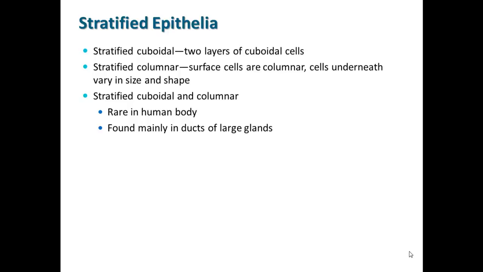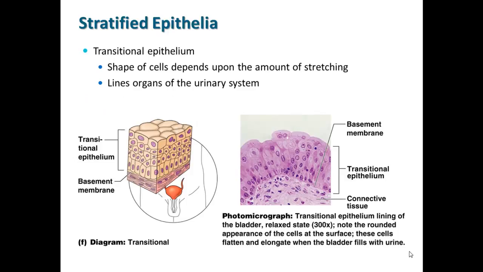There are tissues that are stratified cuboidal, as well as stratified columnar. They're also found in our bodies, but are much less common. Just want to mention those. The last stratified epithelium we'll mention also has a different name, transitional epithelium. Transitional epithelium is stratified in that it has multiple layers, but the shape of the cells changes.